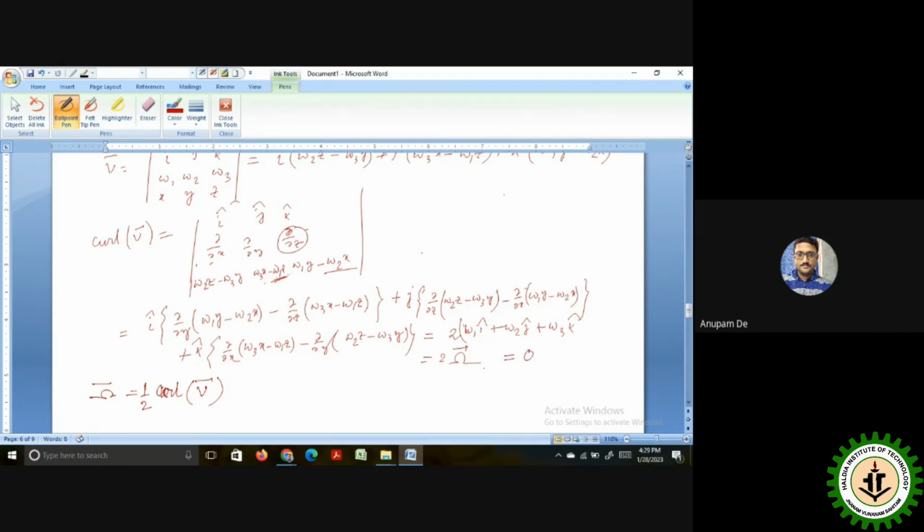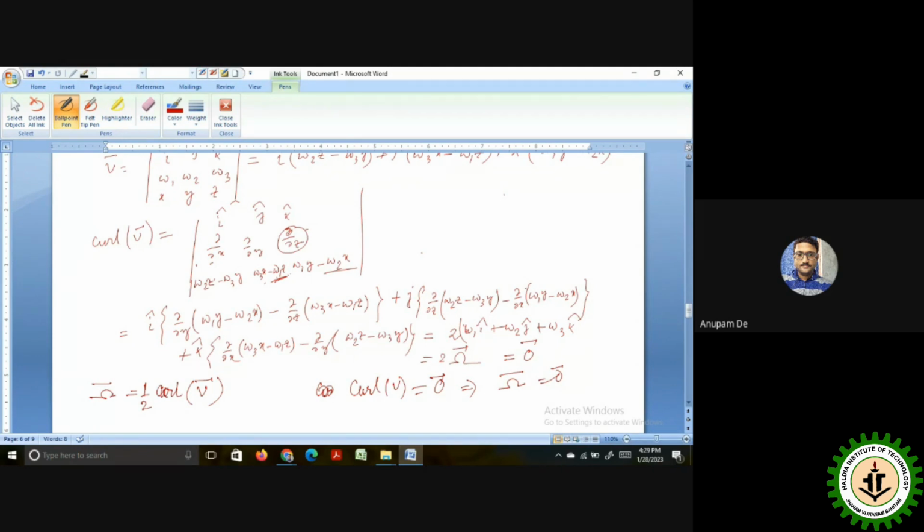Omega will be equal to 0, so that the curl of v is equal to 0. That will imply omega is equal to 0, and omega 0 means what? The vector is basically having no angular motion, right?